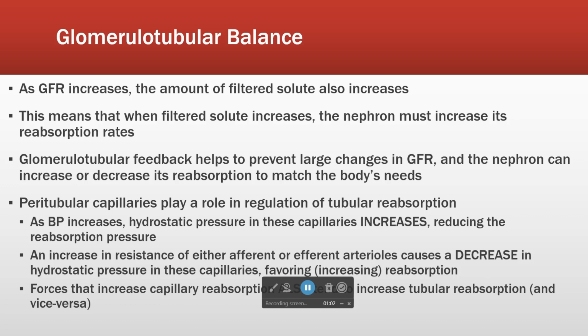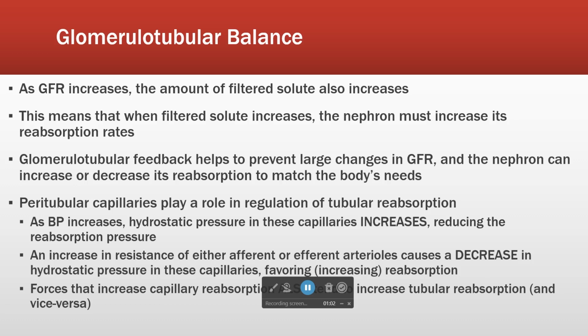So there needs to be a way for the kidney to up its reabsorption gain when GFR increases, right? So the first limit on that is the glomerulotubular feedback mechanism we talked about the other day. It is tending to keep GFR for a particular nephron in a relatively narrow range, right? So for a given nephron, while its GFR can increase or decrease, it's going to stay pretty consistent over time because of the glomerulotubular feedback mechanism, okay?